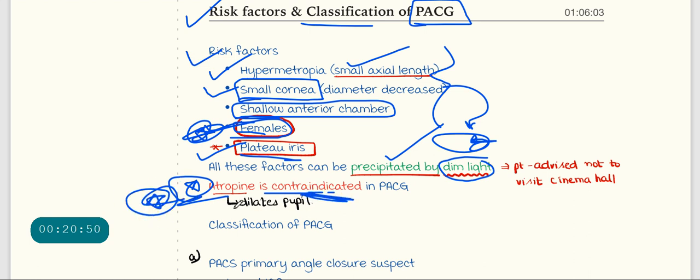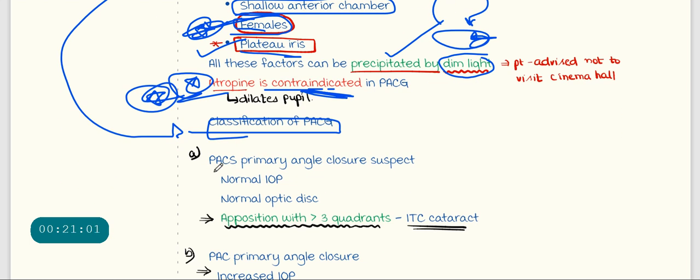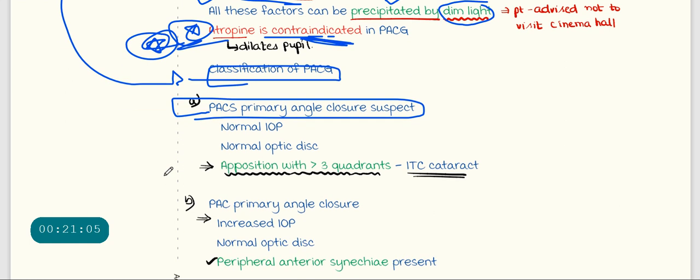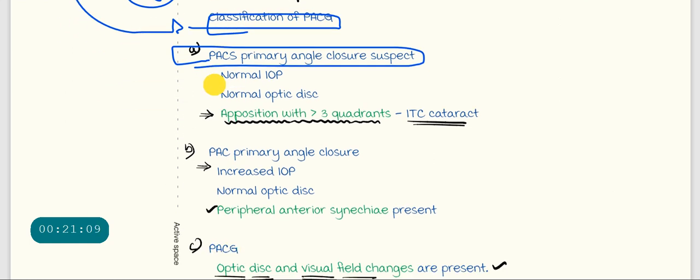Now, what are the classifications of PACG? First, primary angle closure suspect: there is normal intraocular pressure and a normal optic disc, but there is apposition within more than three quadrants.